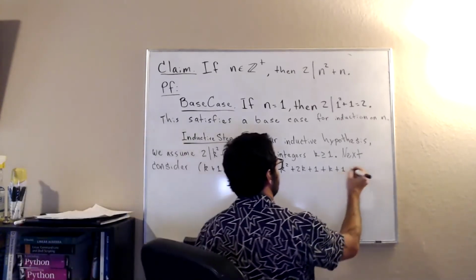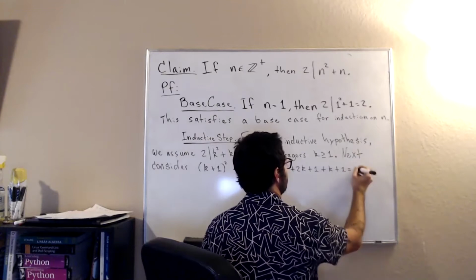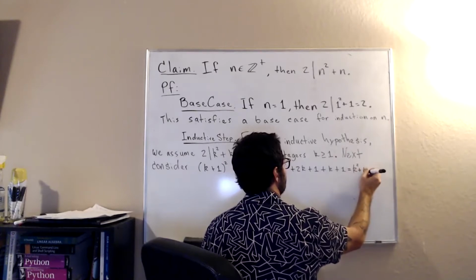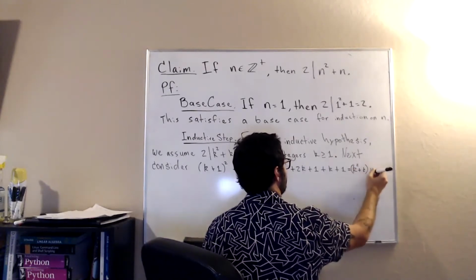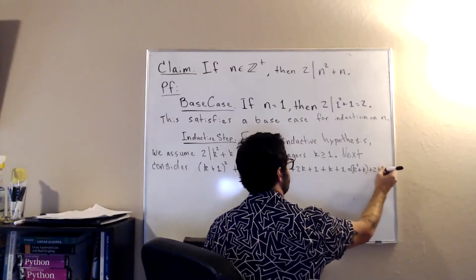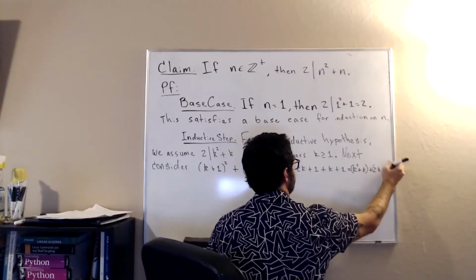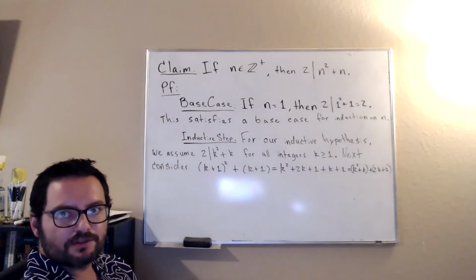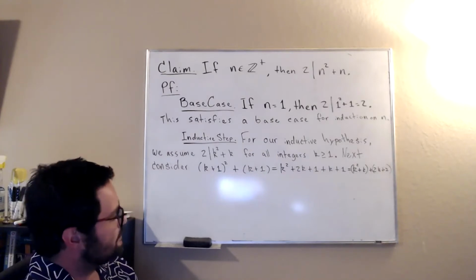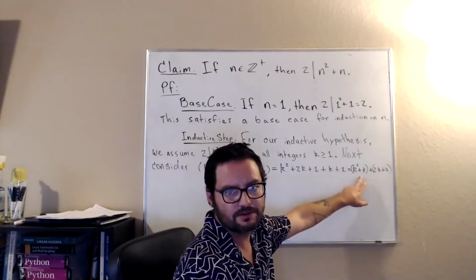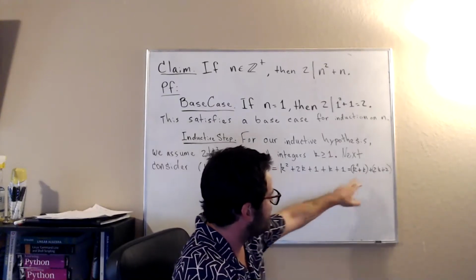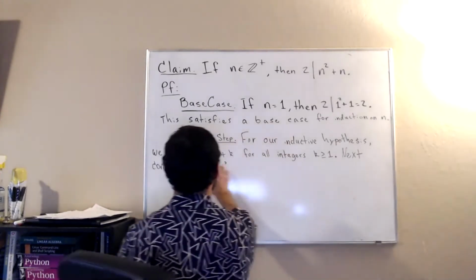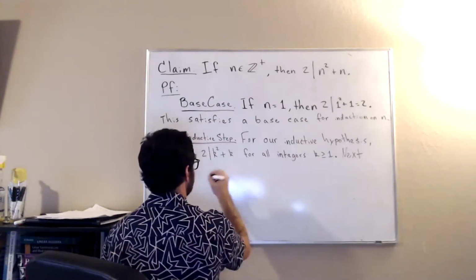So this is equal to k squared plus k plus 2k plus 2. You see that? Now, there's only 3 of you here right now. Can anyone tell me why I grouped together this quantity in this manner? Maybe I should write it a little bit nicer. So let me write it one more time.